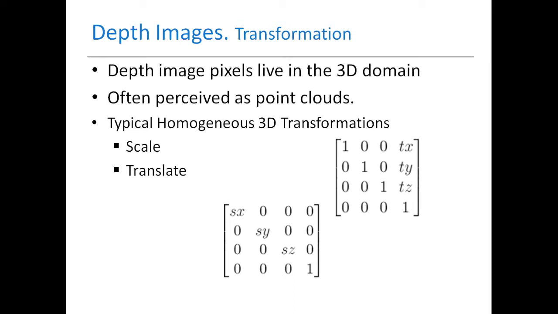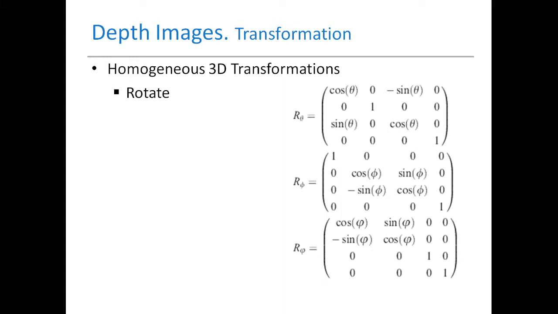So we can transform every point in the depth image exactly as we transform a point in the 3D domain. Now, contrary to images, rotation in 3D is not about a point. It's about an axis, yes?